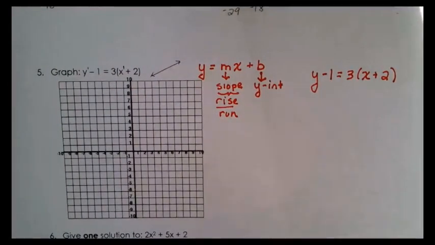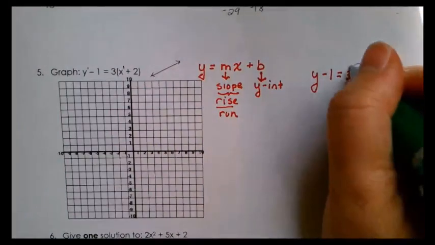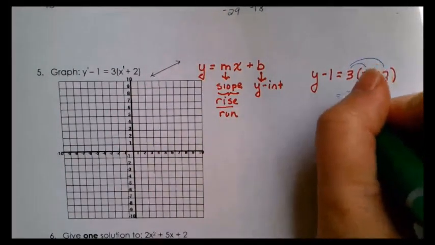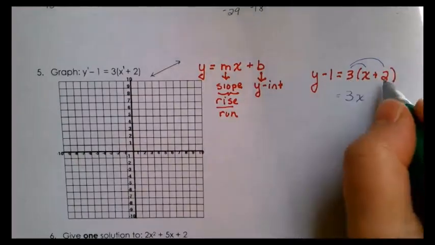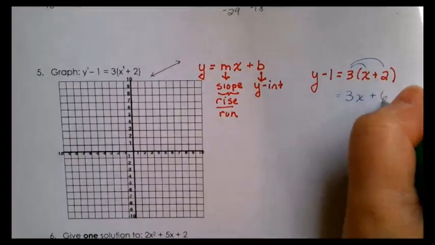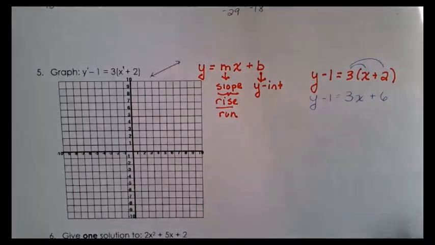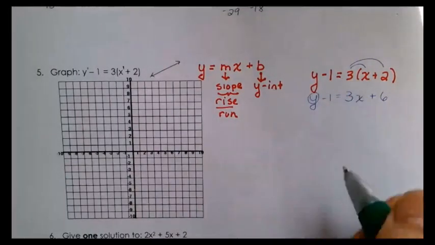Now, I'm going to start by getting rid of the parentheses. I'm going to distribute, just like we did in the last question, the 3 to the x term and to the 2. So we're going to get 3x, and 3 times 2 is plus 6. Bring down the y minus 1. Next, my goal is to get y by itself.